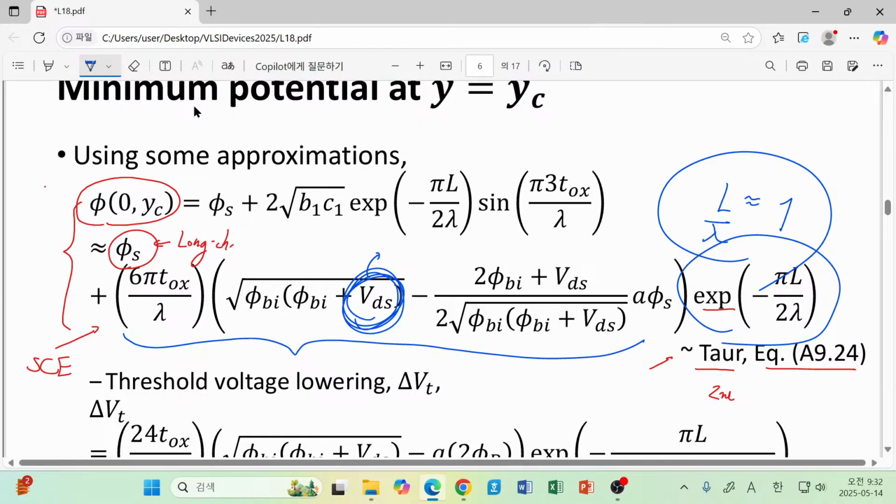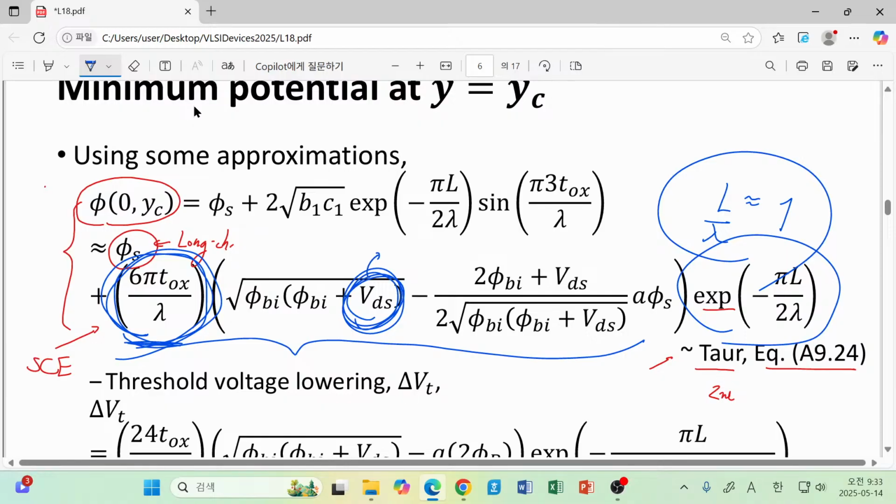And here we have a certain coefficient corresponding to lambda, but if the structure is given, then this is just a constant.